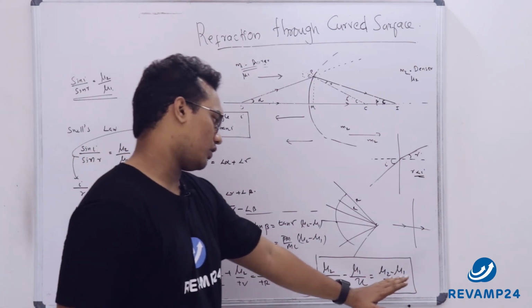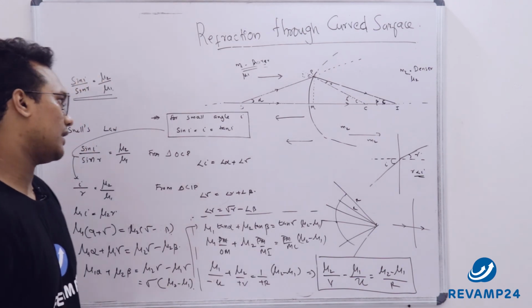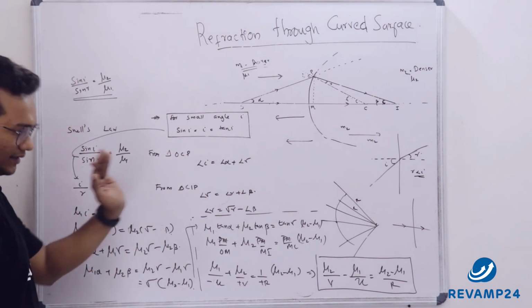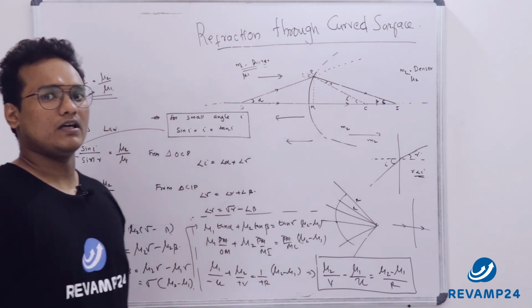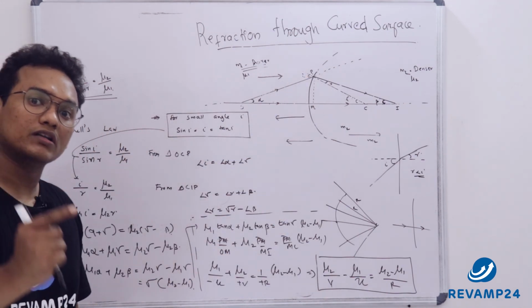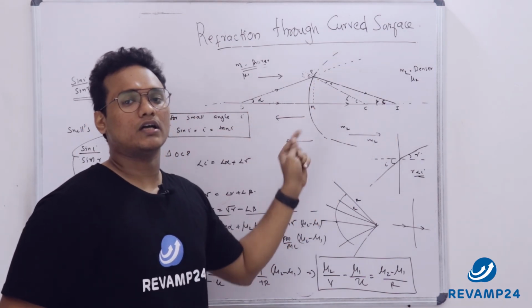Whenever you are doing numericals, you have to substitute V, U and R with the appropriate sign. Now this can even be applied when the curved surface is concave in nature. This is convex. For concave also that will hold true.